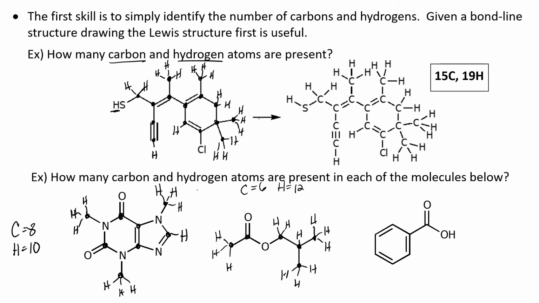For the next molecule, there are 7 carbons and 6 hydrogens. For carbons, we have 1, 2, 3, 4, 5, 6, 7. Then putting in our hydrogens, 1, 2, 3, 4, 5, and don't forget the one on the oxygen, 6.